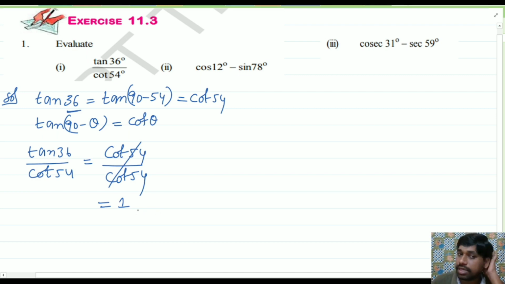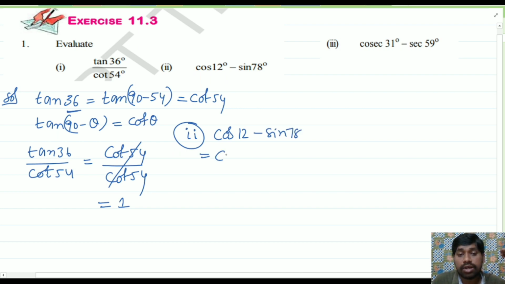A student may ask, can we change the cot 54? Absolutely, you can change it in terms of tan, but both should not be changed. Let us see question number 2: cos 12 minus sin 78. Directly also you can do it.